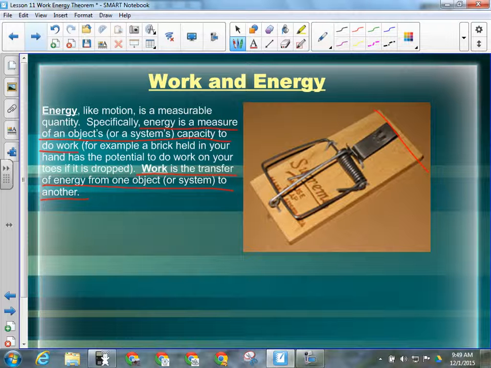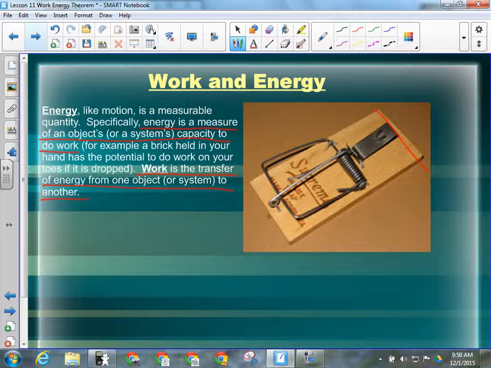So it has no energy in that position, no ability to do any more work. If, however, I grab the killing bar and raise it back over here, now what does it have? It has potential energy, elastic potential energy, because I've exerted a force, a pull, through a distance, however far I move that, and now I've transferred potential energy to the mousetrap.